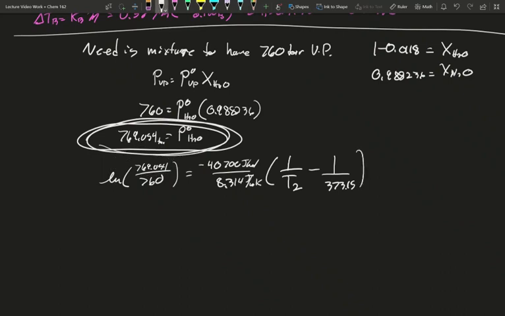Need to divide and rearrange a little bit. 0.011843, when I take the natural log of those, is going to equal negative 4895.36 Kelvin times 1 over temp 2 minus 1 over 373.15. Divide that across to the other side.